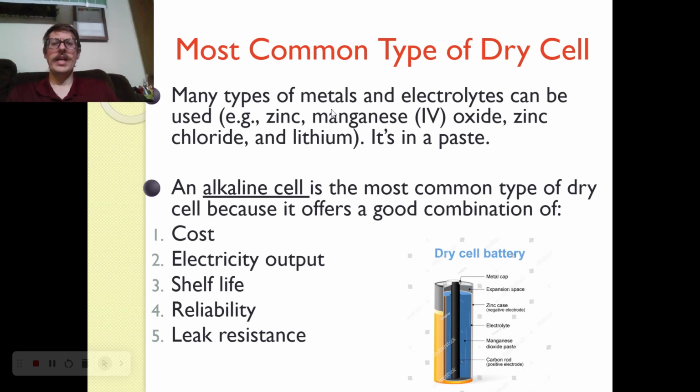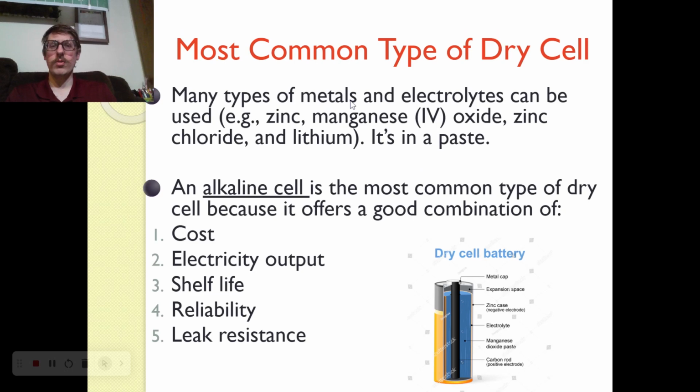And that's another benefit: most common dry cells, like an alkaline cell, like your AA batteries, your Duracell or Energizer batteries, are used because they're inexpensive. They put out fine electricity. They can be stored on a shelf without breaking down. They're reliable. They're leak resistant, and they just work better for most needs.